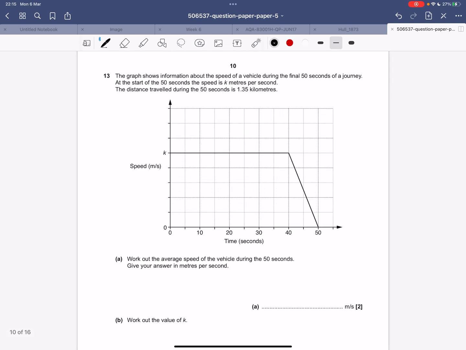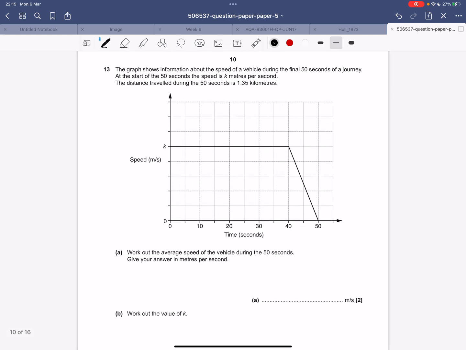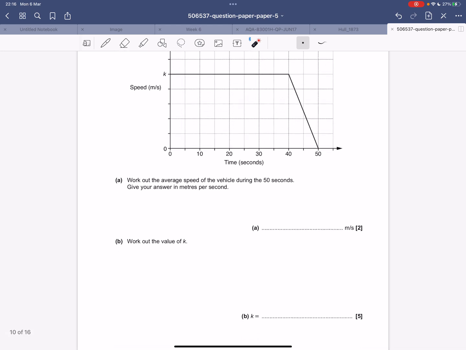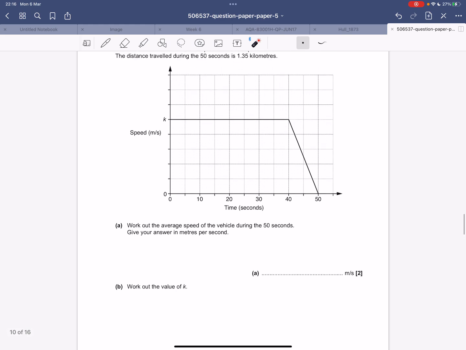Number 13. The graph shows information about the speed of a vehicle during the first 50 seconds of a journey. At the start of the 50 seconds, the speed is k meters per second. The distance travelled during the full 50 seconds is 1.35 kilometres. Work out the average speed, giving your answer in meters per second.